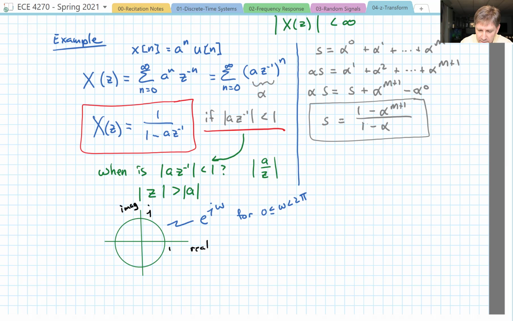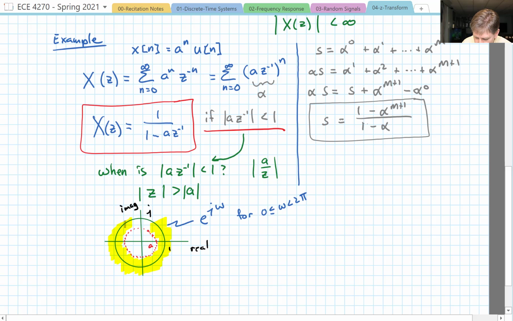So if A, let's assume that A is right here, the magnitude of Z has to be greater than the magnitude of A. So everything, I did a dashed line because it's greater, not greater than or equal to.